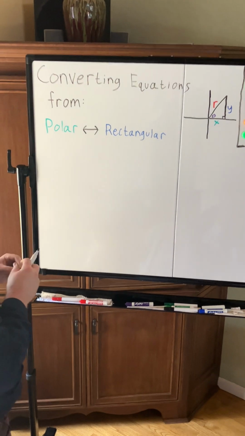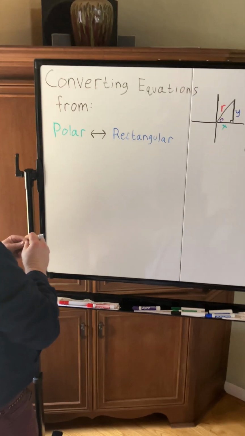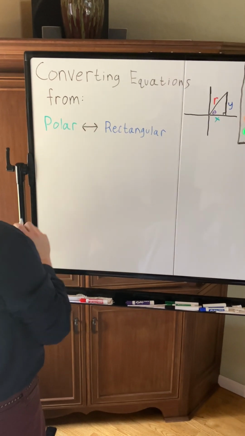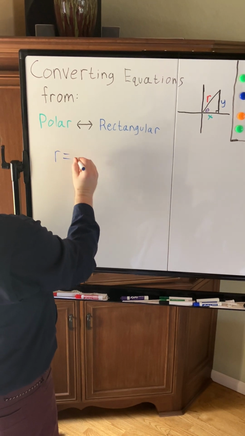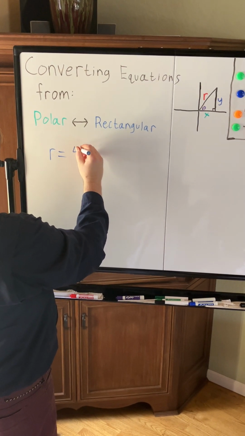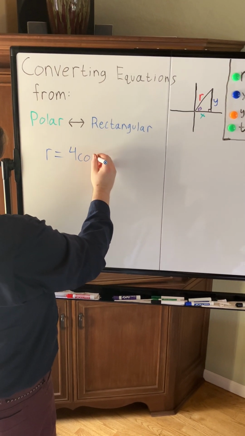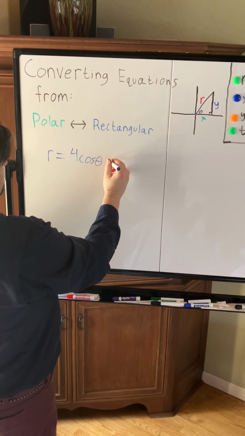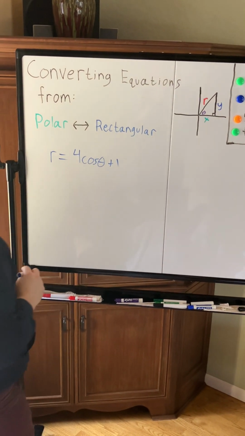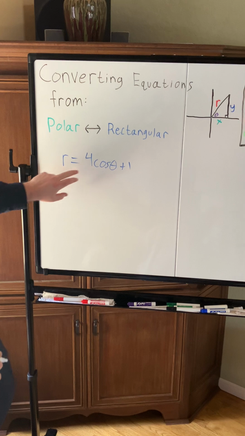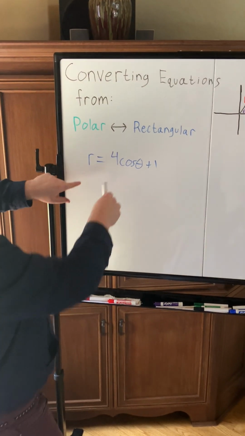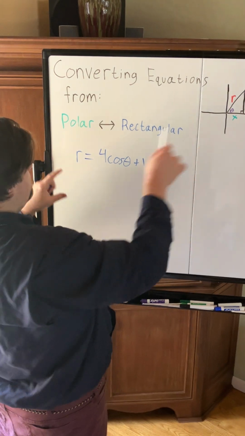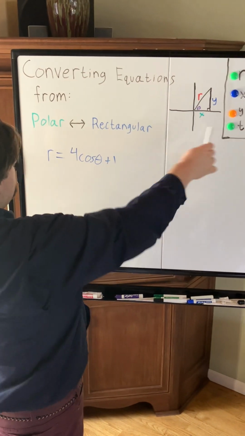All right, let's go ahead and do a polar conversion. Let's say I have r equals 4 cosine theta. When you look at this, there's really no direct substitution right away.